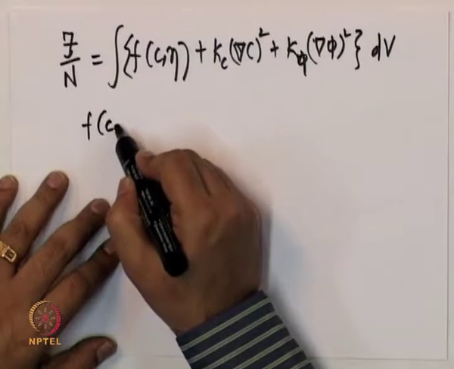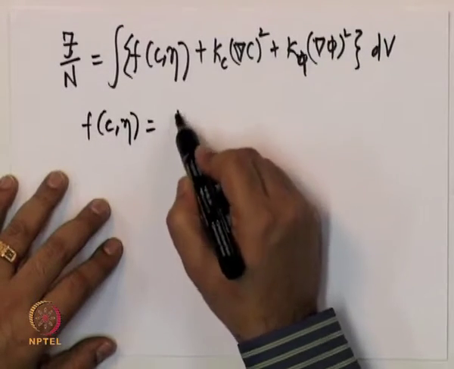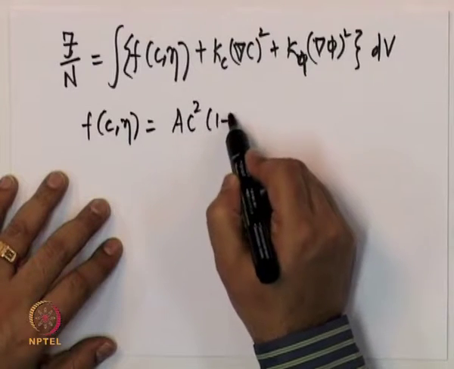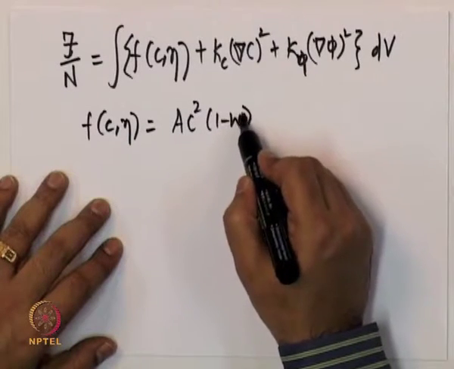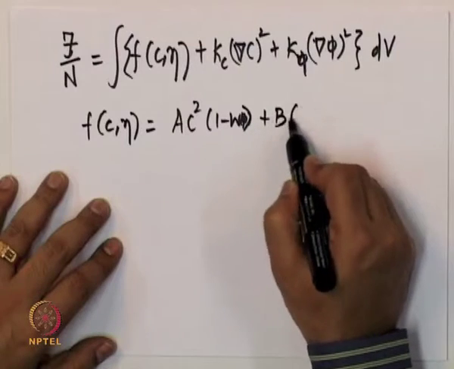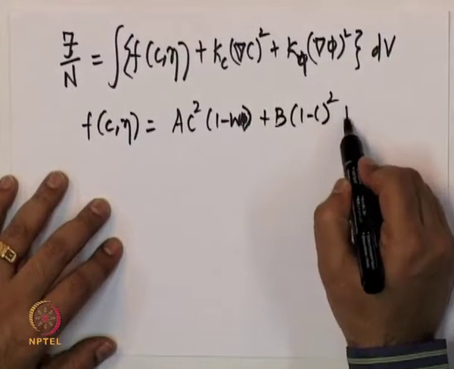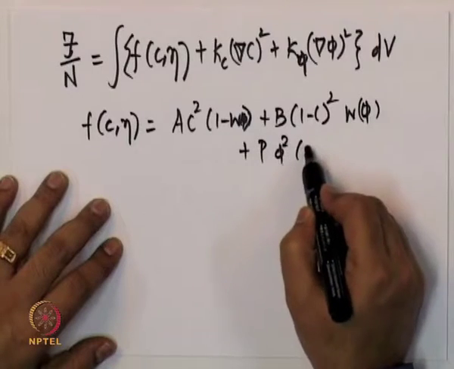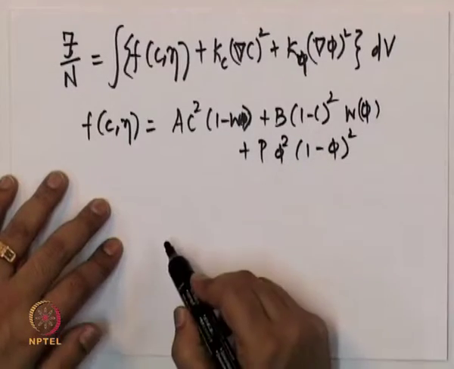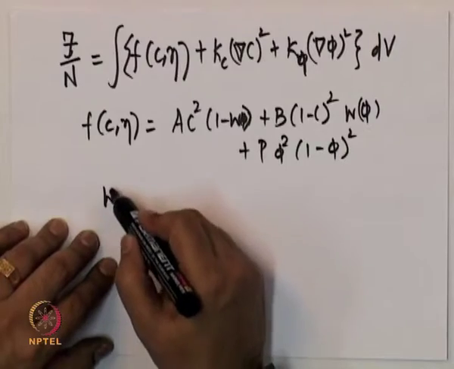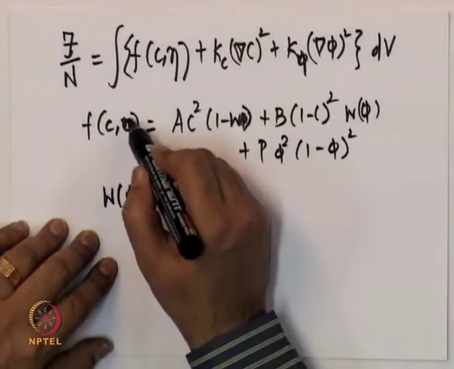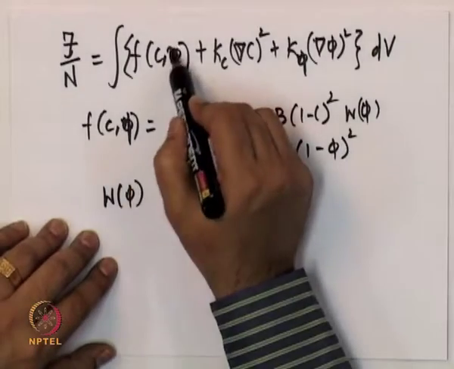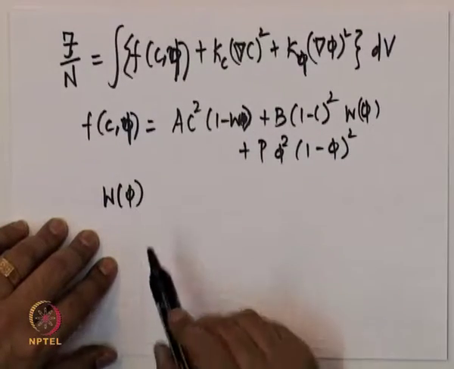And f of c comma eta is written as a c squared into 1 minus w of phi plus b 1 minus c whole squared w of phi plus p phi squared into 1 minus phi whole squared, with w of phi. I should use the same symbol.